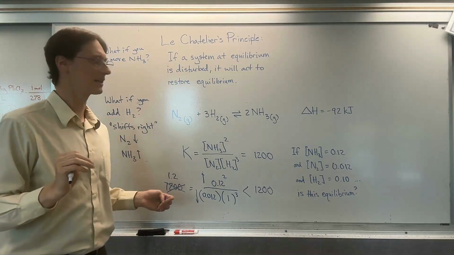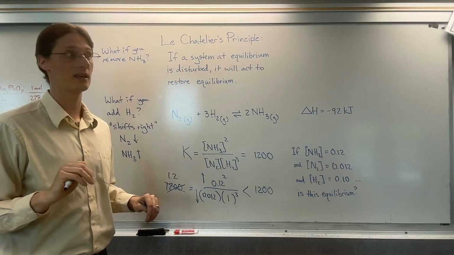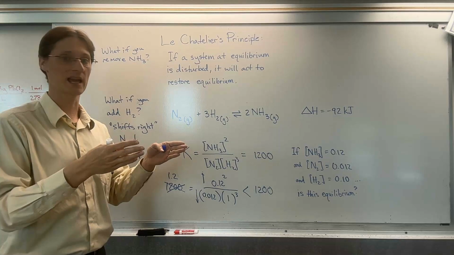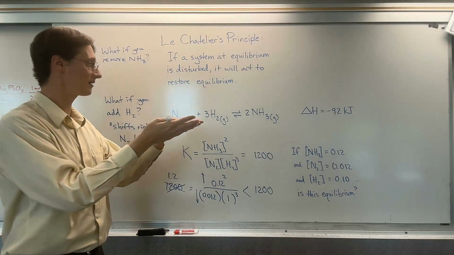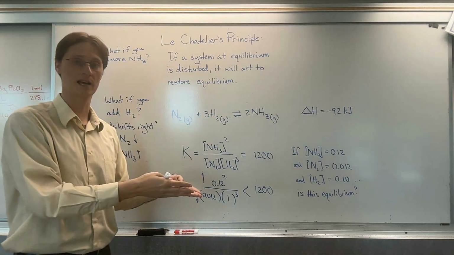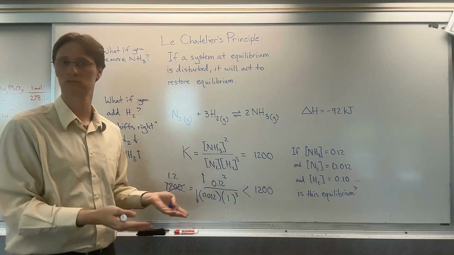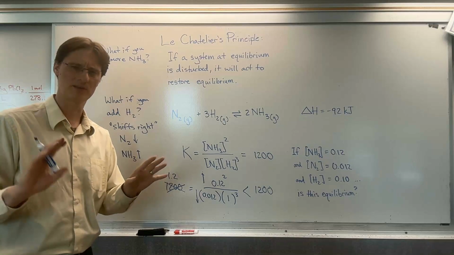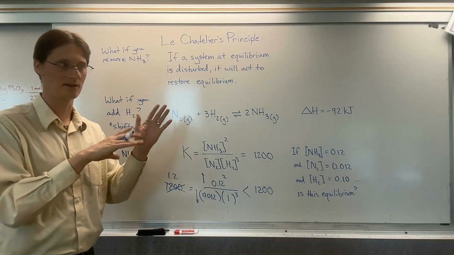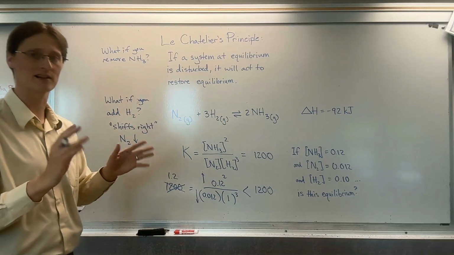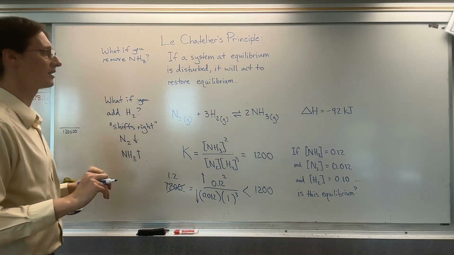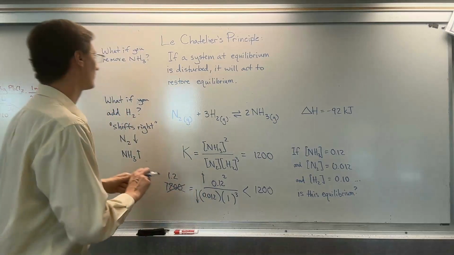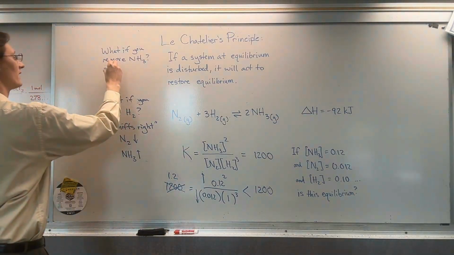In this particular case, that could be something like throwing in some HCl gas, and that will precipitate the ammonia as ammonium chloride. That's a valid way to do it. Don't worry too much about all those words I just said about adding in HCl. It doesn't matter. If we remove ammonia, now there's too little on the right side. Again, this would shift right.